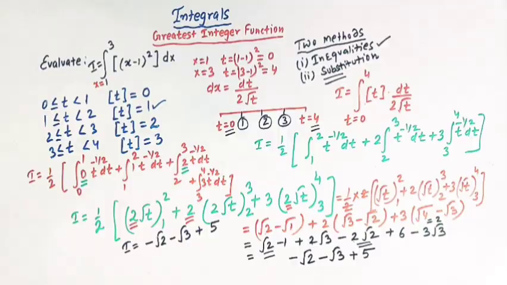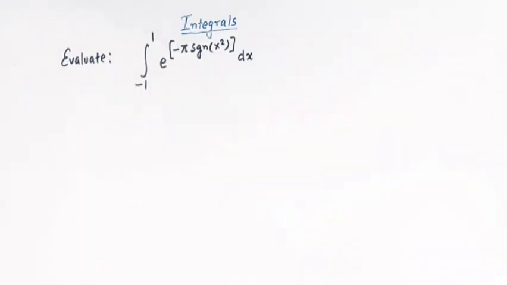Hello viewers, in today's class, we are going to discuss a very important problem from definite integrals in which we have a combination of greatest integer function and signum function.